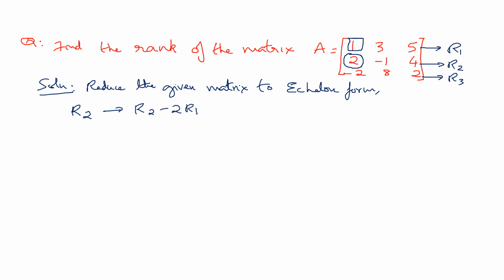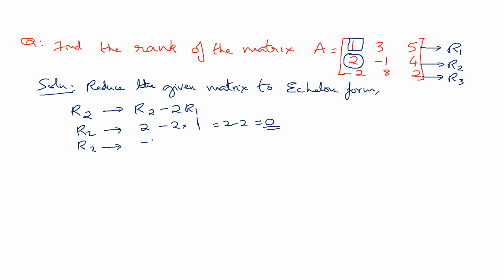R2 has 2 there, and 2 minus 2 into R1, which is 1, becomes 0. But it is not only applicable for that 2. The remaining elements, minus 1 and 4, should also be done with the same operation. For the entire row you have to operate.